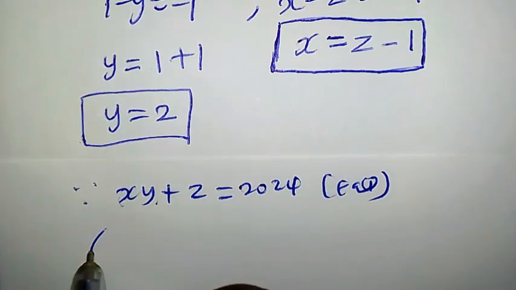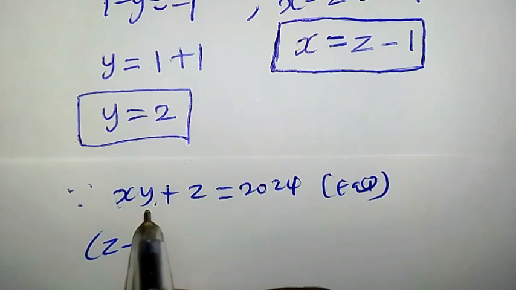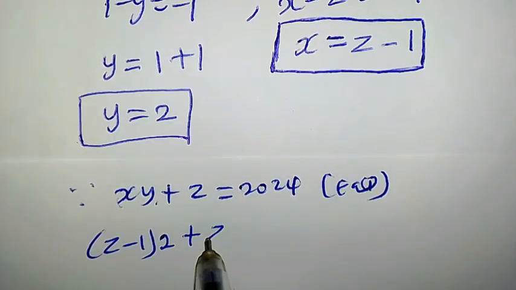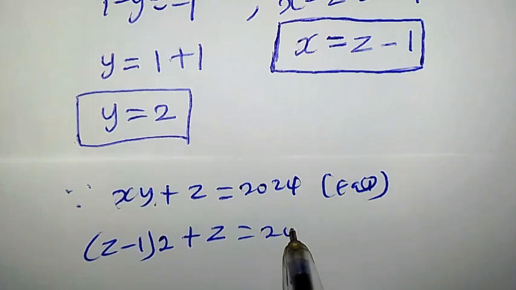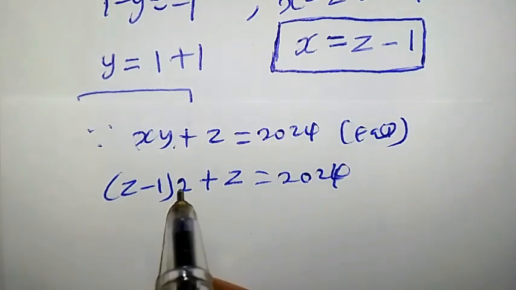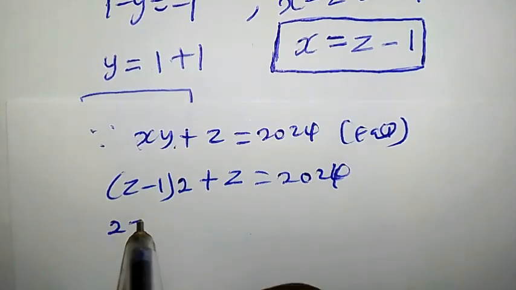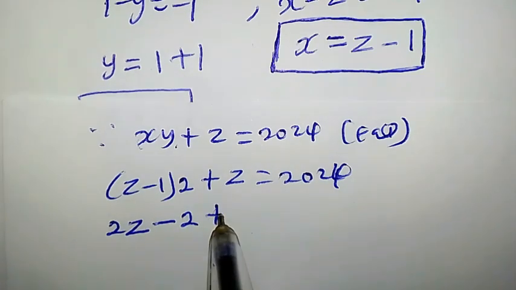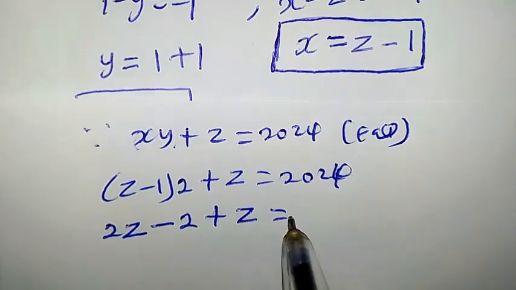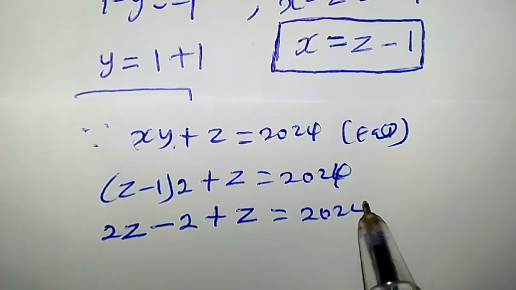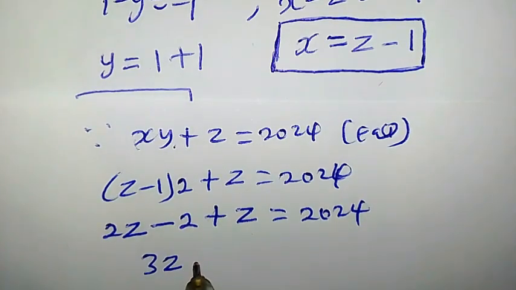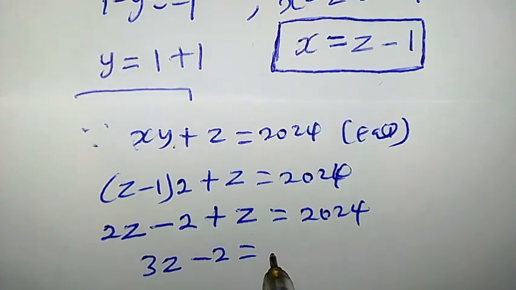So we have z minus 1 times, what is y? y is 2, plus z equal to 2024. 2 times z, that is 2z, minus 2 times 1, that is 2, plus z equal to 2024. 2z plus z, that is 3z, minus 2 equal to 2024.